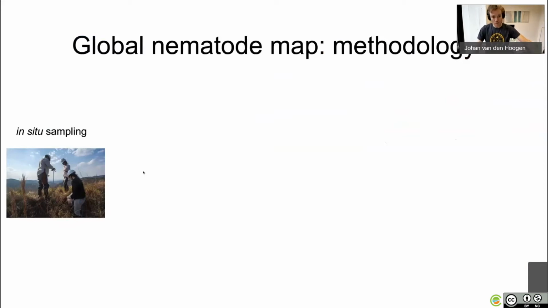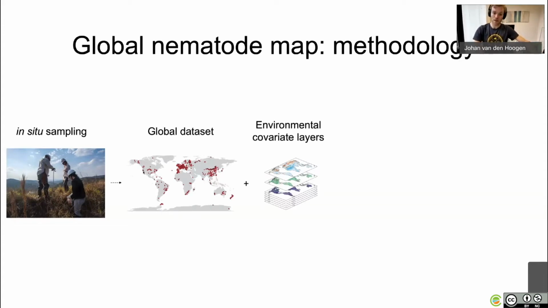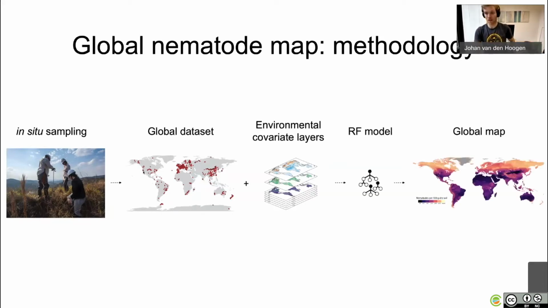For nematodes, for example, one has to sample a soil core, take it to the lab, and hand count the number of nematodes per 100 grams of soil, which is a very tedious process. This was repeated about 6,800 times to collate a global data set. And this data set we combined with a stack of environmental covariate layers into a random forest model to make a prediction map.